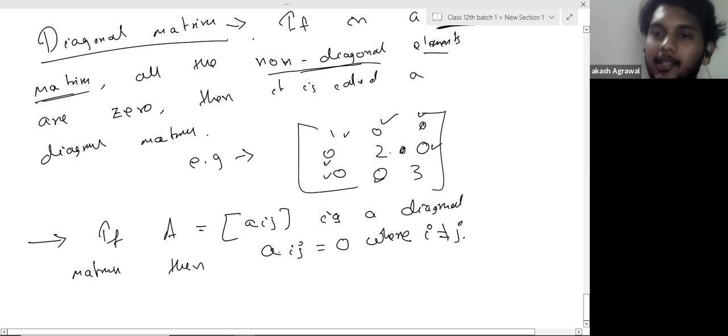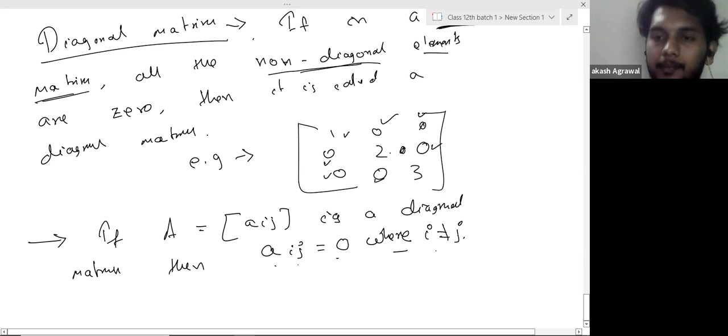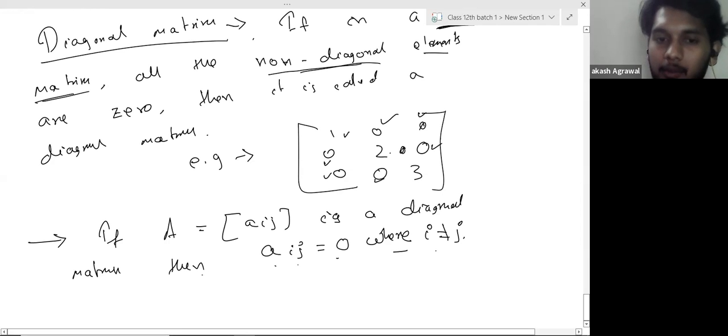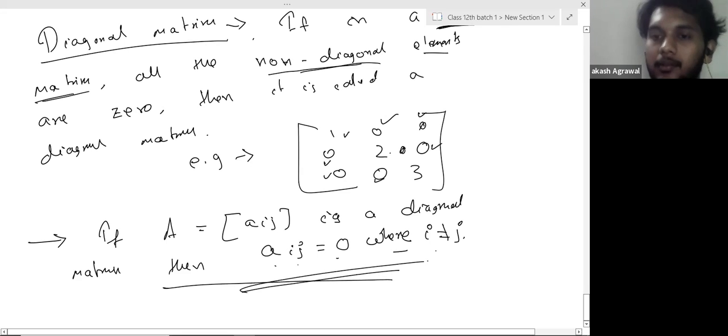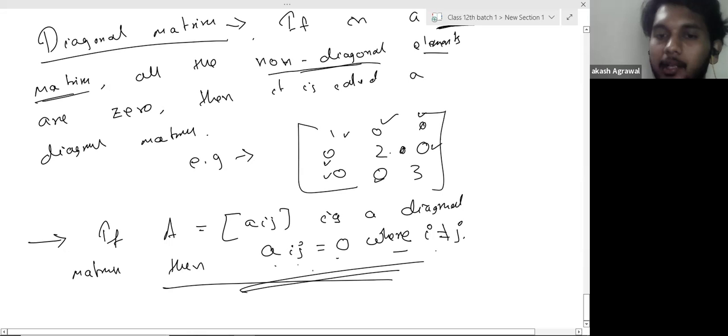The diagonal elements are where I equals j: A11, A22, A33. What we wrote here is Aij must be equal to 0 wherever I is not equal to j. That means all the non-diagonal elements are 0. In boards, they ask questions like this. Either they give you a matrix and ask you to write it in language form, or give you a language form and ask you to form a matrix. So you have to think about this.